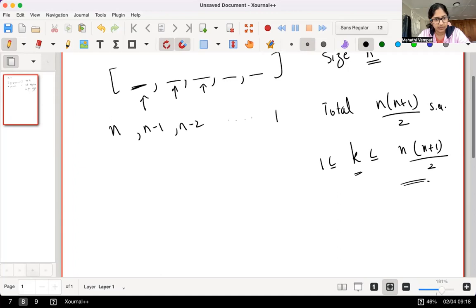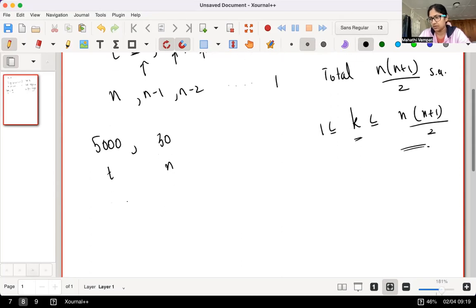And the constraints are you have 5,000 test cases, and the size of each array is 30. So this is T, and this is N. I think we should be able to do an N square solution worst case.